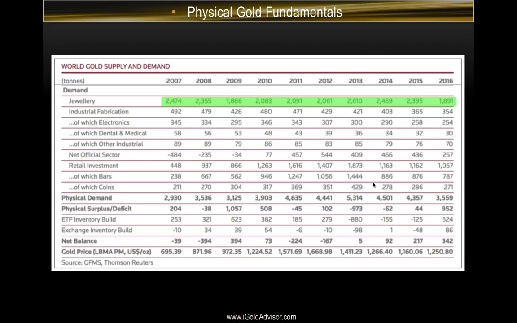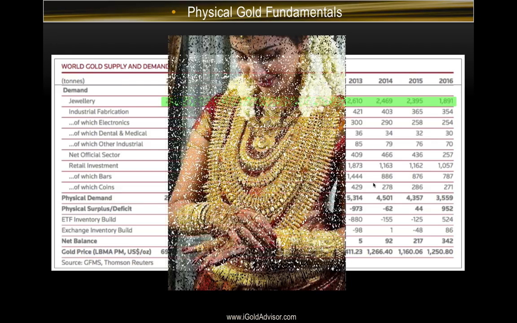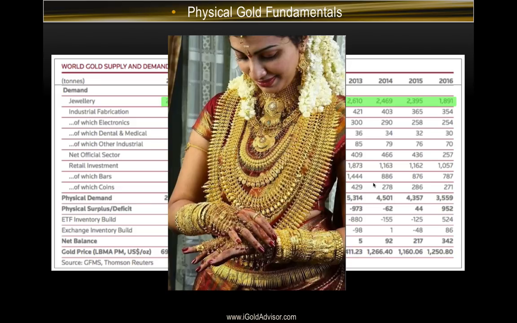And specifically, if you were to break down the jewelry demand for gold, over half of the jewelry demand in the world comes out of two countries alone, India and China. So when you break it down and you actually analyze the numbers, you see that 28% of the world's gold demand comes out of jewelry from India and China alone. So it's an incredible amount of the world's total gold that is being drawn into those two countries every year.